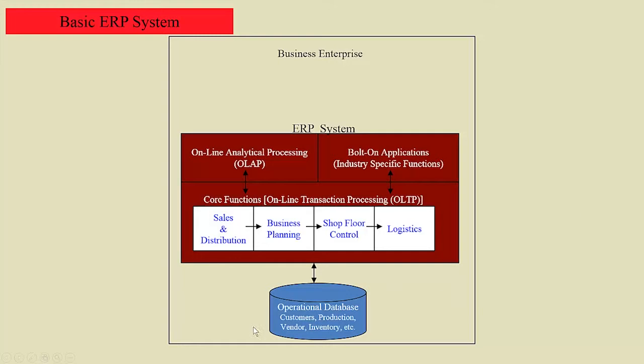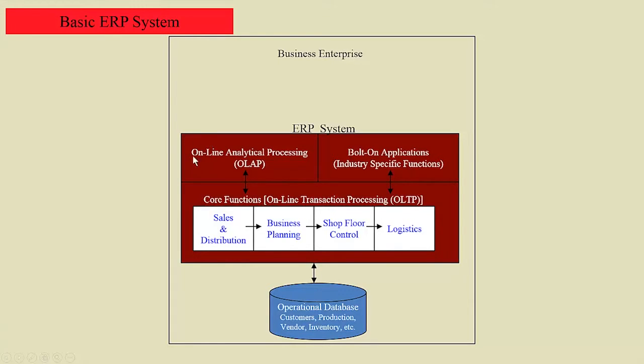You'll notice it consists of a centralized database, the operational database for running day-to-day businesses. This rectangle section represents the various computer applications, and it can be divided into three parts of the ERP system. The core functions are called Online Transaction Processing, or OLTP, and it runs the basic day-to-day business functions tied into the database.